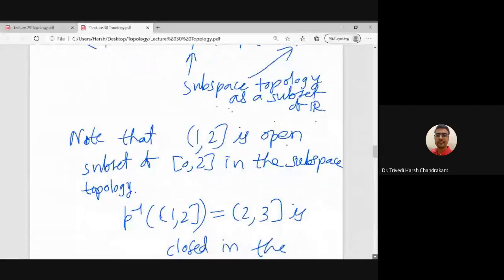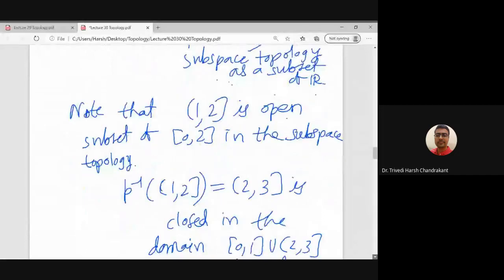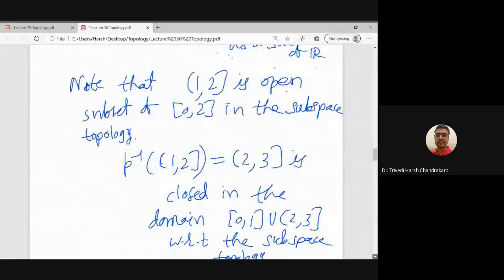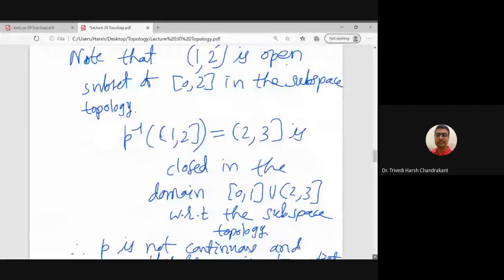But for this particular example, the inverse image of an open set is not open. But if you take the previous example, the inverse image of this set is open, because there, if you remember, we are considering the closed interval 0 1 union the closed interval 2 3. So therefore this set is open there. But for this particular example, since we have changed the domain, this function is not continuous.